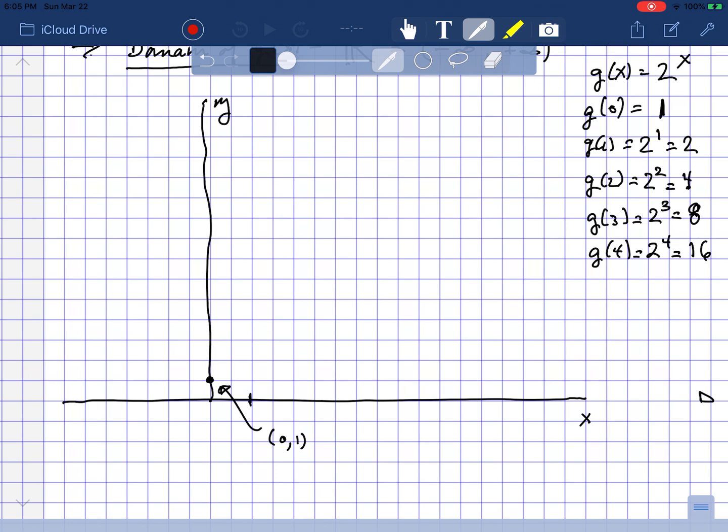So here we are. Here's 1, here's 2, here's 3, here's 4. At 1, we're at 2. At 2, we're at 4. At 3, we're at 8, which is here. And then at 4, we're up here to 16. I think that's 16. Let's see, 1, 2, 3, 4. Yep.